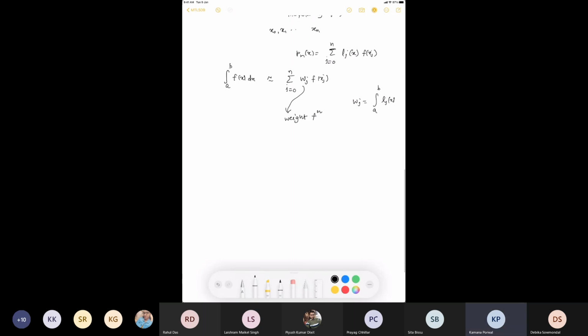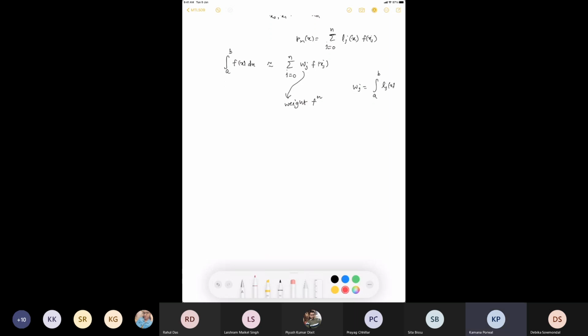Now, there's another way to obtain these weights. We are not going to integrate the Lagrange basis polynomials. We are going to use another approach, and this method is called the method of undetermined coefficients.